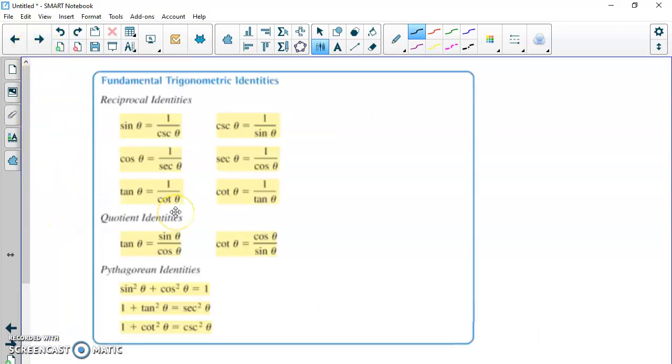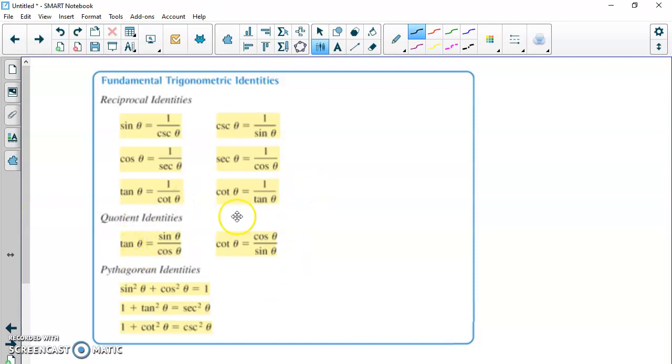All right, these here, the fundamental trigonometry identities, it looks like a lot. However, take it slow. Reciprocal identities. The top 6 here are just telling us exactly what we've been doing with our chart, with sine, cosine, and tangent being one on top of each other, and then cosecant, secant, and cotangent being the reciprocals of sine, cosine, and tangent.